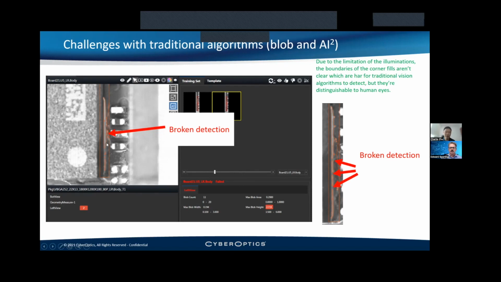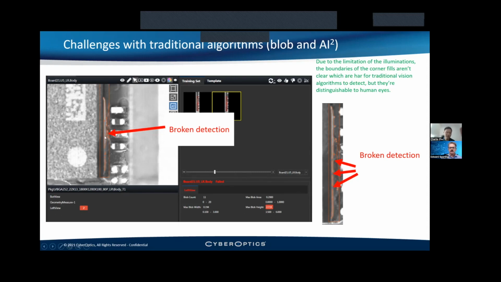The problem is that the traditional algorithm just catches the blobs as different segments. It doesn't see a continuous blob of the corner fill, while the inspection criteria measure the length of the whole corner fill. So with these segmented blobs, we are not able to measure its actual length.